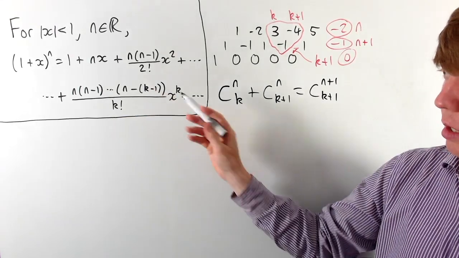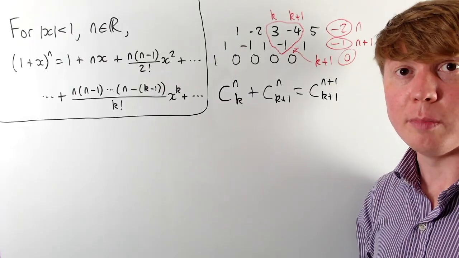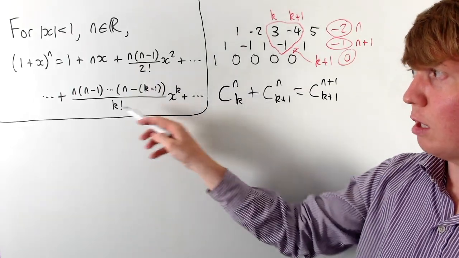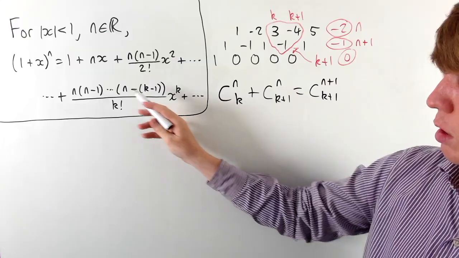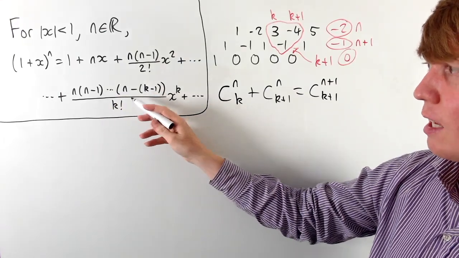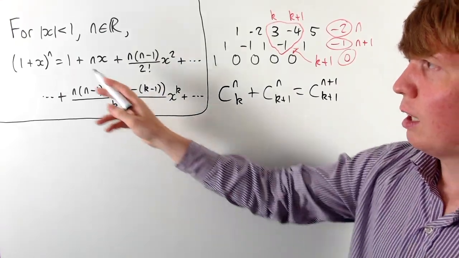So now let's express this in terms of the result we've got for the binomial coefficients from this series expansion result. So here this term is the kth coefficient for a power of n.